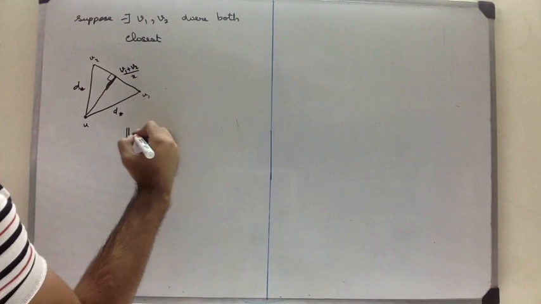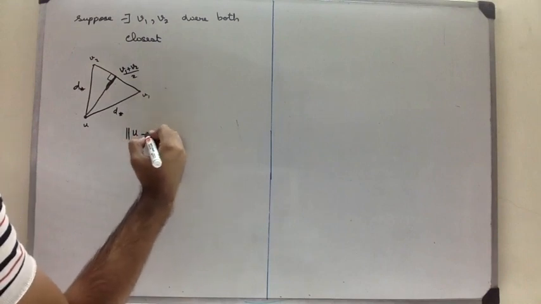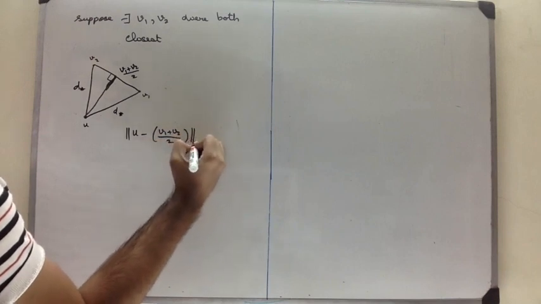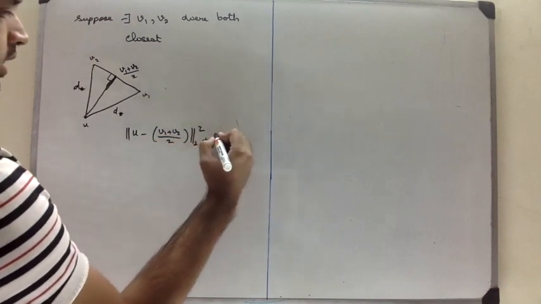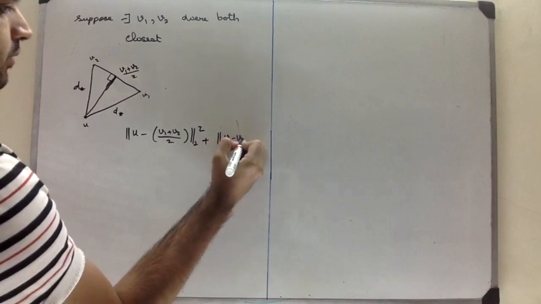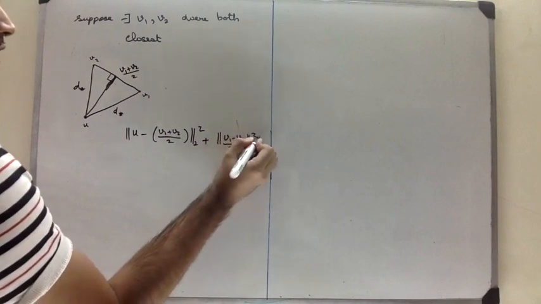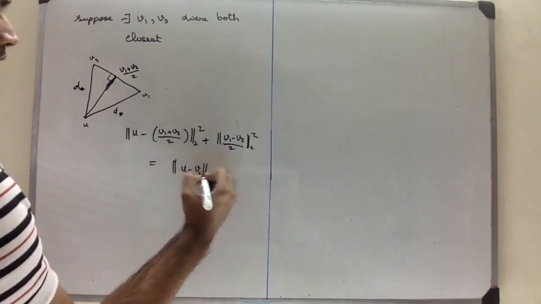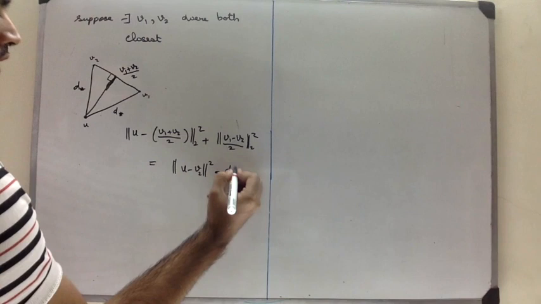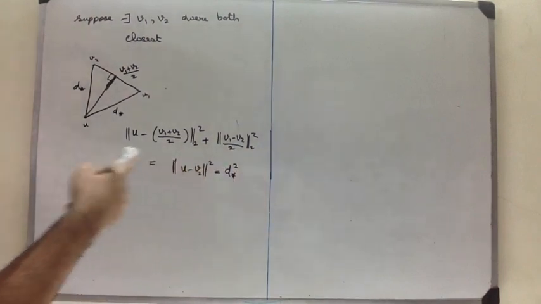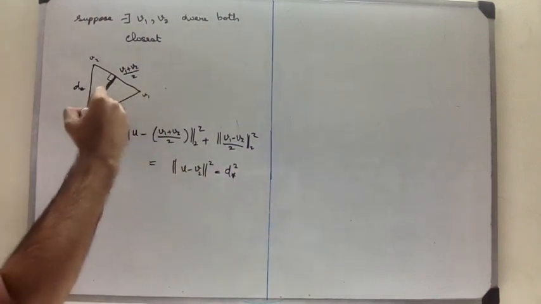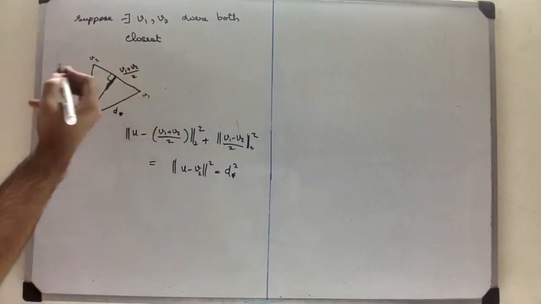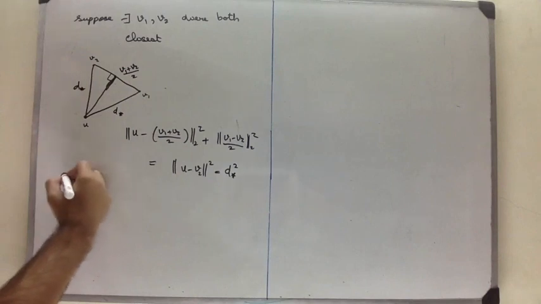This means that mod U minus the midpoint, the whole square, plus mod V1 minus V2 by 2, the whole square, equals mod U minus V1, the whole square, by the Pythagoras theorem. This means that the distance between U and the midpoint is smaller than d star. So we have a contradiction.